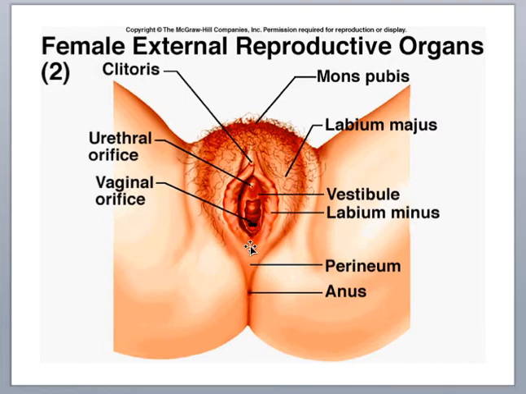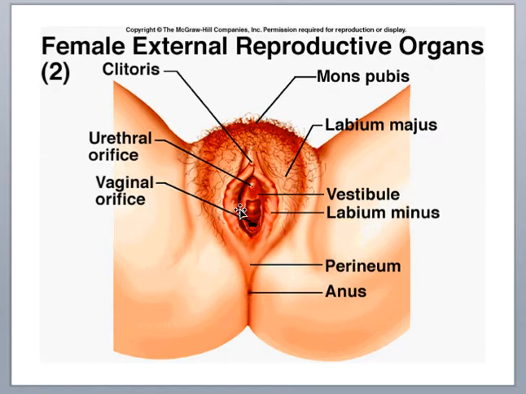No hair is present, and on the anterior side the labia minora merge to form a clitoral hood, which covers and protects the clitoris, which is analogous to the penis. The labia majora is actually analogous to the scrotum in males. And the clitoris is similar to what the glans penis in males does. It contains lots of sensory receptors for sexual stimulation and sexual arousal. Urethral orifice, posterior vaginal orifice, even more posterior anus.